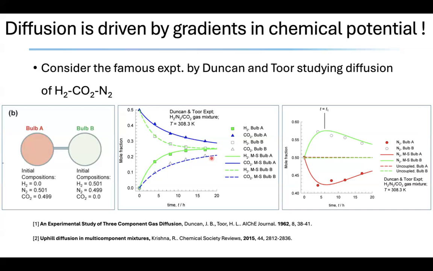Now, what would one expect for nitrogen? Given that the gradient in concentration is extremely small, the flux of nitrogen from bulb A to bulb B should be very small. Now, what was observed in the experiment was surprising.